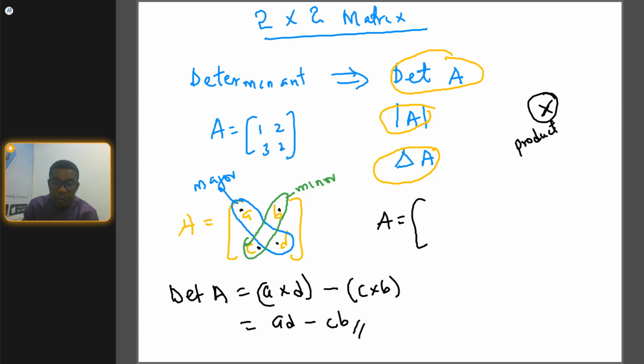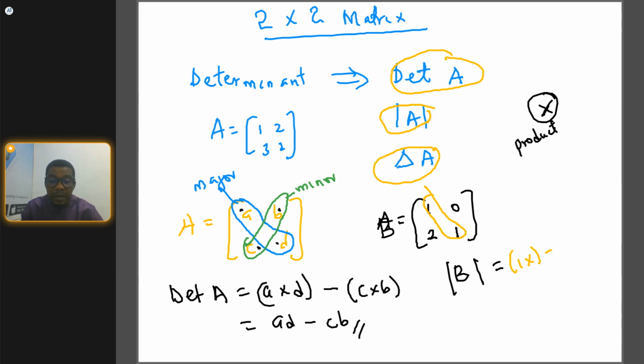We have matrix 1, 0, 2, 1, and we are asked to find the determinant of matrix B. The determinant of matrix B equals the product of the major diagonal, that is 1 times 1, minus the product of the minor diagonal, which is 2 times 0.